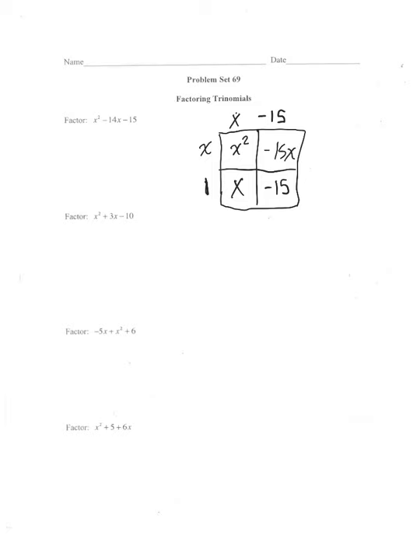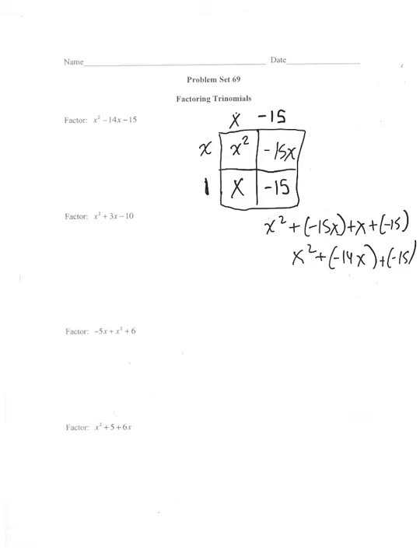I can double check that because, yep, it's x squared plus negative 15x plus x plus negative 15. And when I combine the negative 15x and the x, I get x squared plus negative 14x plus negative 15.